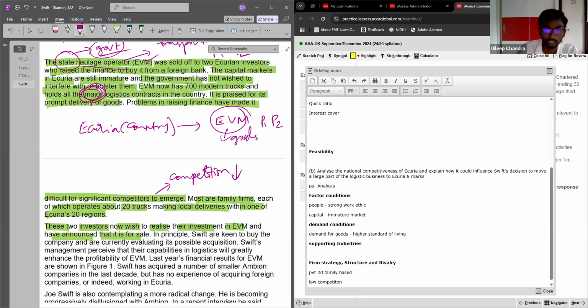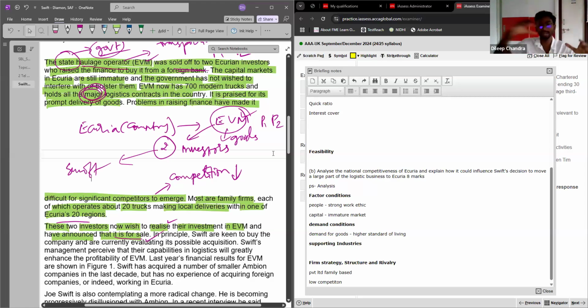It is the largest operator. But we got to know that this EVM was sold to two investors. Okay, that is what we learned over there. And now these two investors wish to realize their investment in EVM and have announced that it is for sale. So from these two investors, maybe Swift is going to acquire.